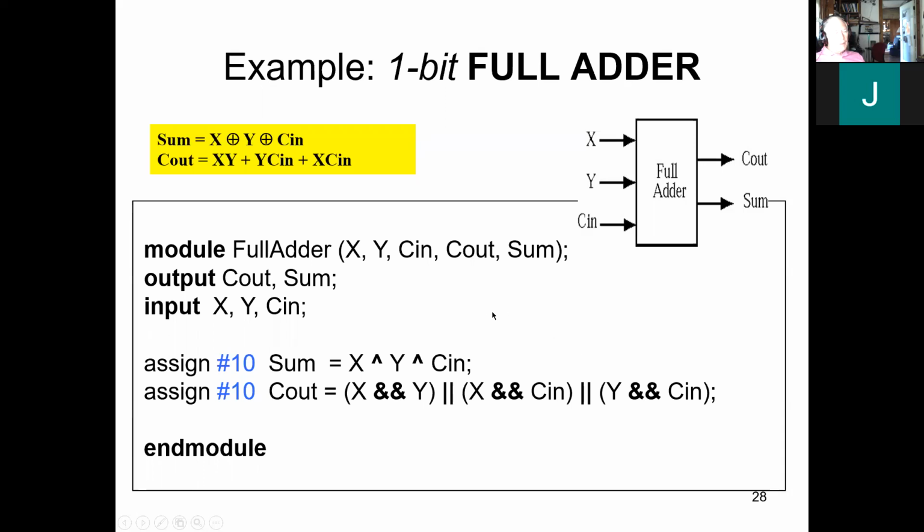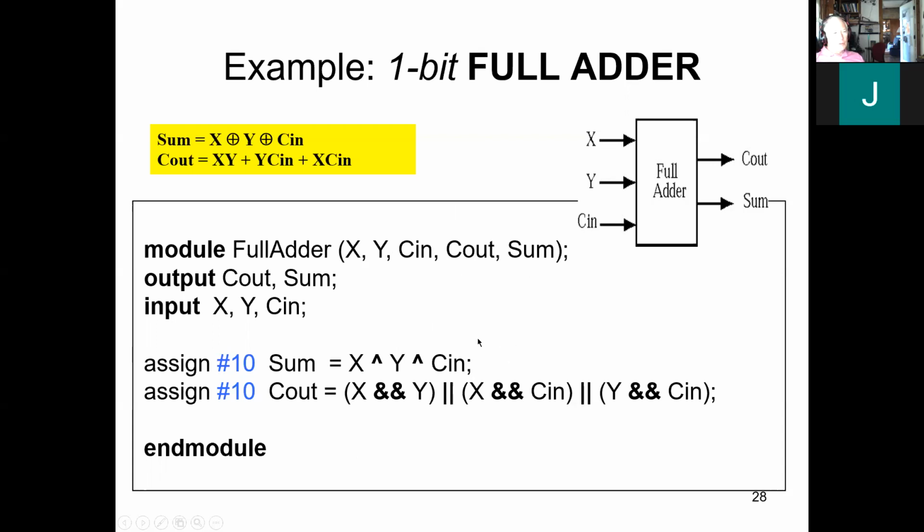Now remember, for all practical purposes, we probably wouldn't do this, because in our top level module, or wherever we wanted to use this, we would just write Cout appended the sum equals x plus y plus carry in.